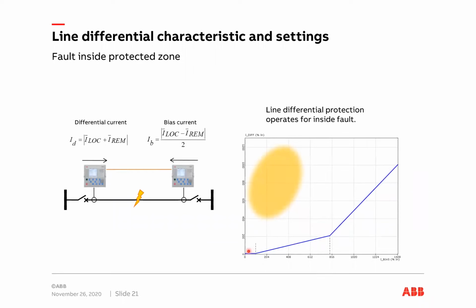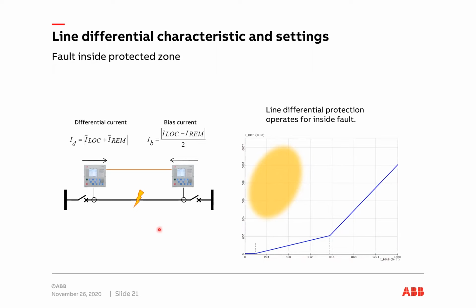So the line differential characteristic has a stabilized characteristic. In this diagram, on the y-axis we have the calculated differential current, and on the x-axis we have the bias current.